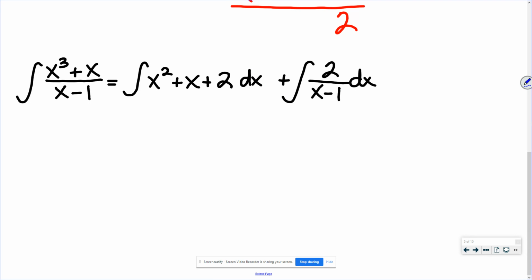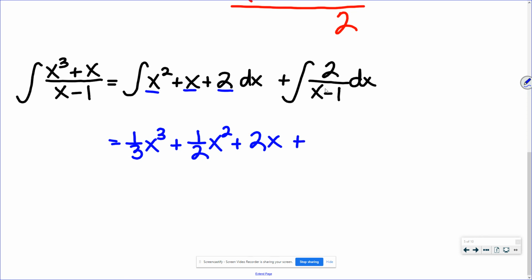Now I can integrate. I can integrate each of these terms individually, and I can integrate this fraction 2 over x minus 1 using ln. So my answer would be 1/3 x to the third plus 1/2 x squared plus 2x.